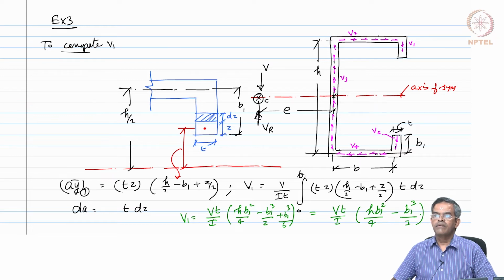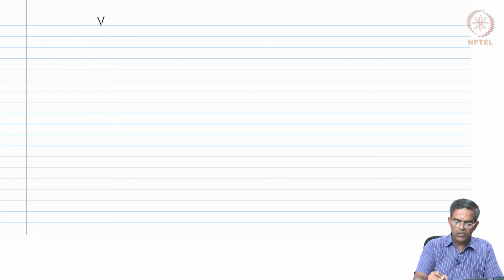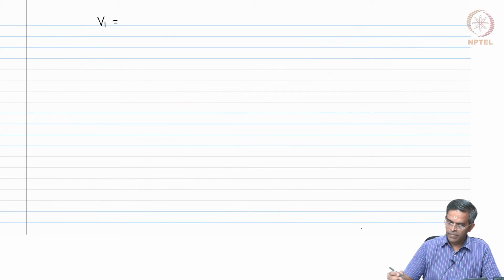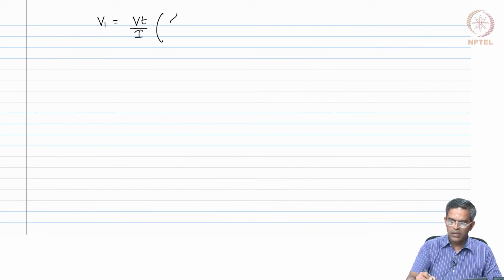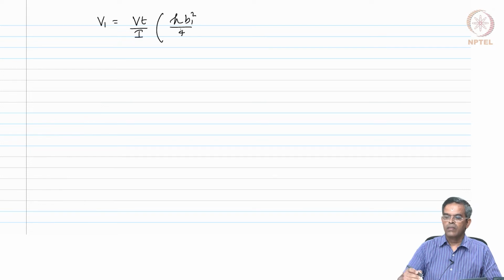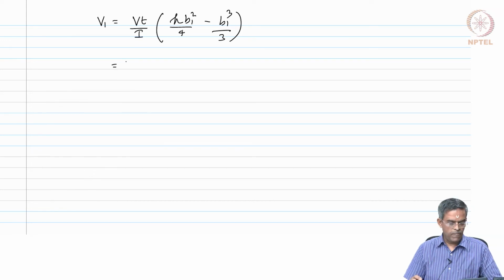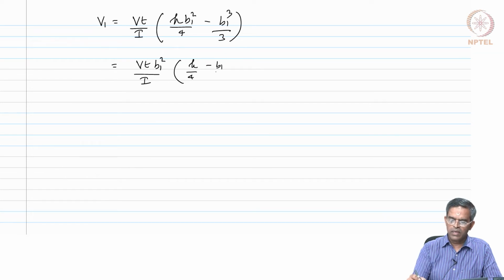Let us try to find V5. So, V1 is V t by I of h B1 square by 4 minus B1 cube by 3, which can be said as V t B1 square by I, h by 4 minus B1 by 3.